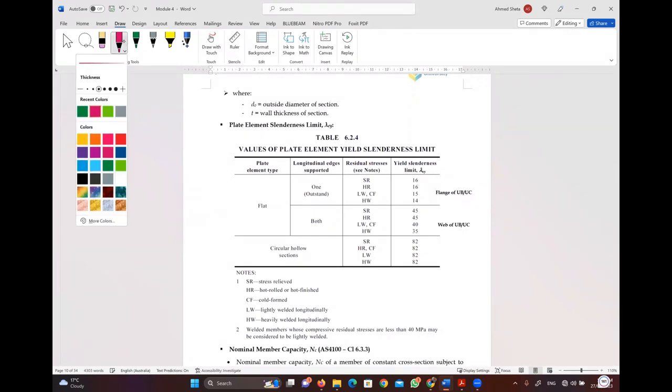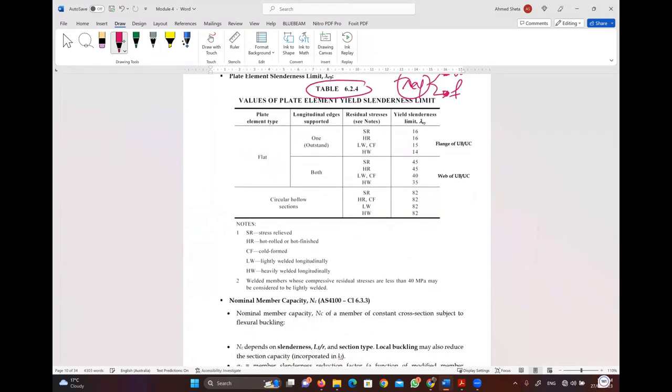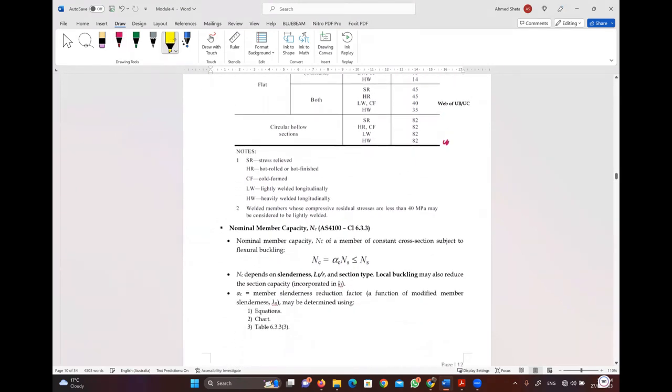And here is the table from where we get lambda E yield for also web and for also flange, the values we have used. Then we will jump to the second part, the nominal member capacity, Nc.